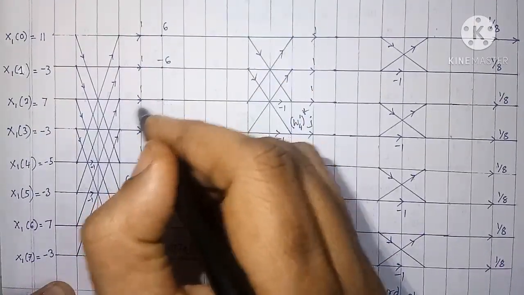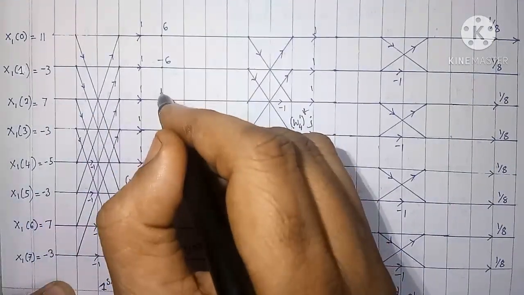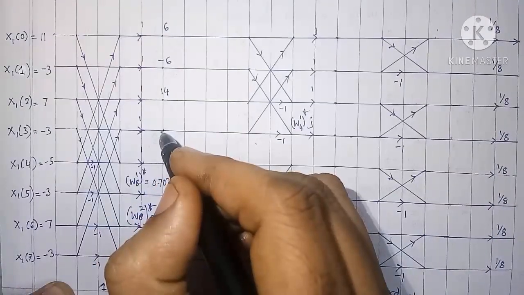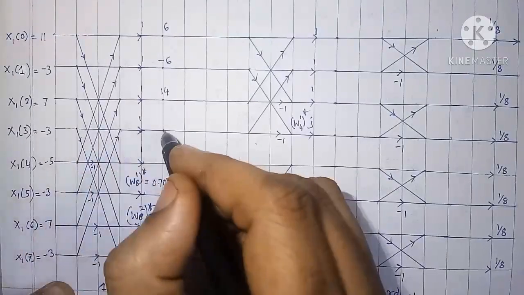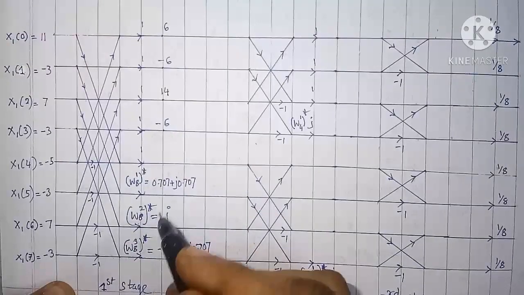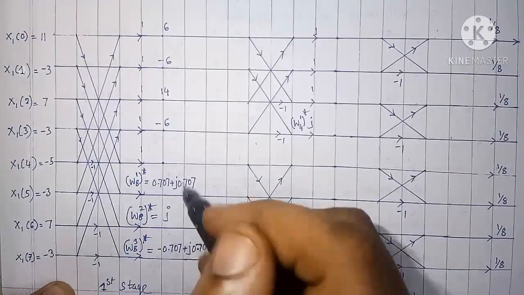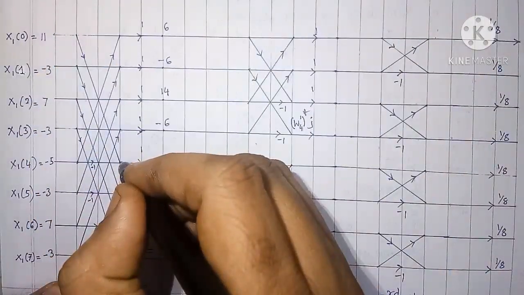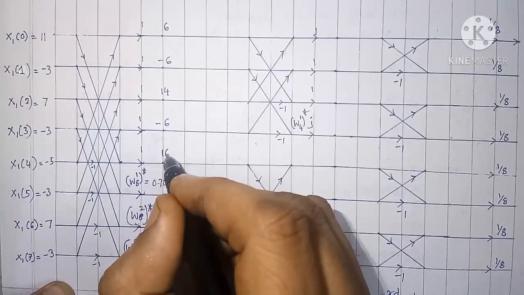At this point, 7 plus 7, 14. At this point, minus 3, minus 3, minus 6. At this point, output will be 11 plus 5, 16.